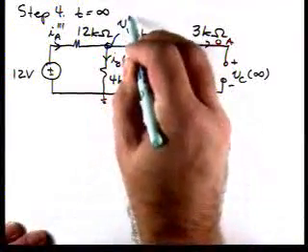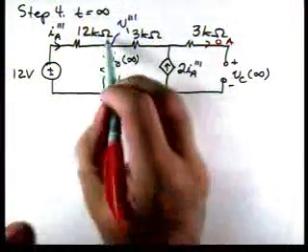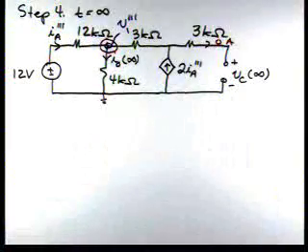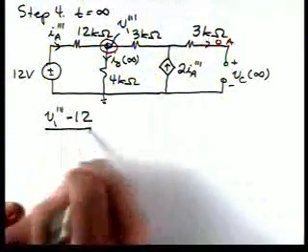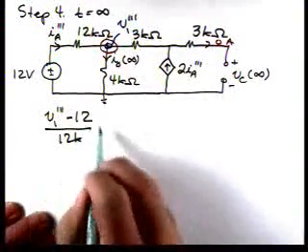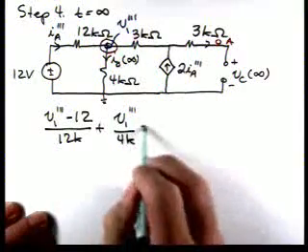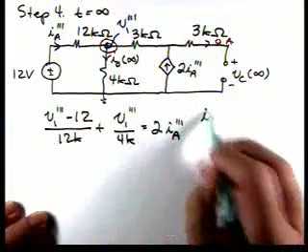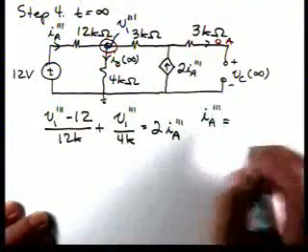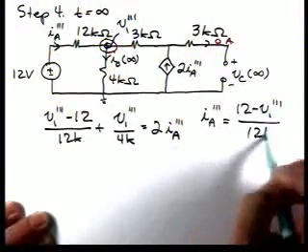We have one node voltage here, V1 triple prime, and we'll apply KCL here to come up with a nodal equation. So we'll have V1 triple prime minus 12 over 12K plus V1 triple prime over 4K is equal to 2IA triple prime. And from the circuit, IA triple prime is 12 minus V1 triple prime over 12K.